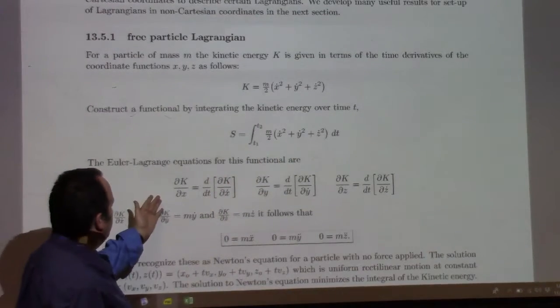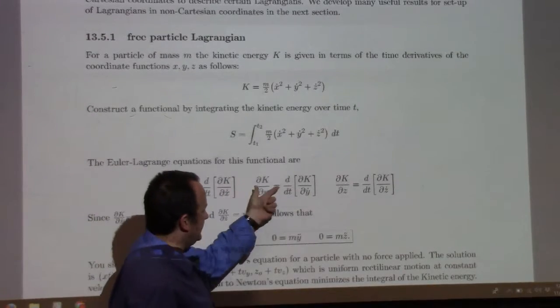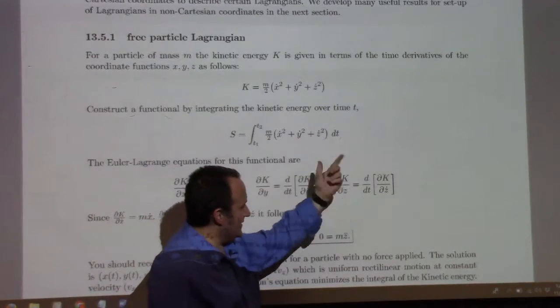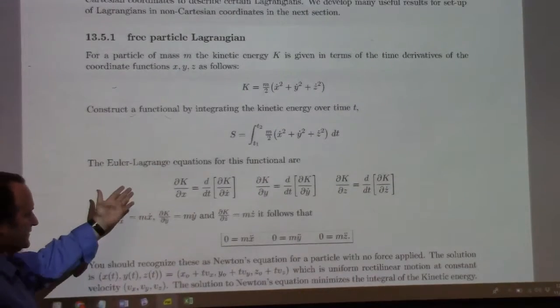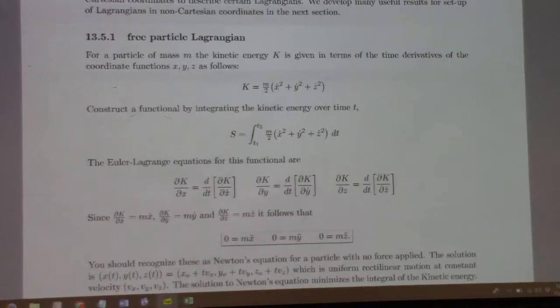And then you can set up the Euler-Lagrange equations. Partial L partial x is d/dt of that. Partial L partial y is d/dt of that. Partial L partial z, d/dt of that. And what are those Euler-Lagrange equations? They are ma is equal to 0 in the x, y, and z coordinates. So we've derived the Newton equations from the Euler-Lagrange equations in this way.